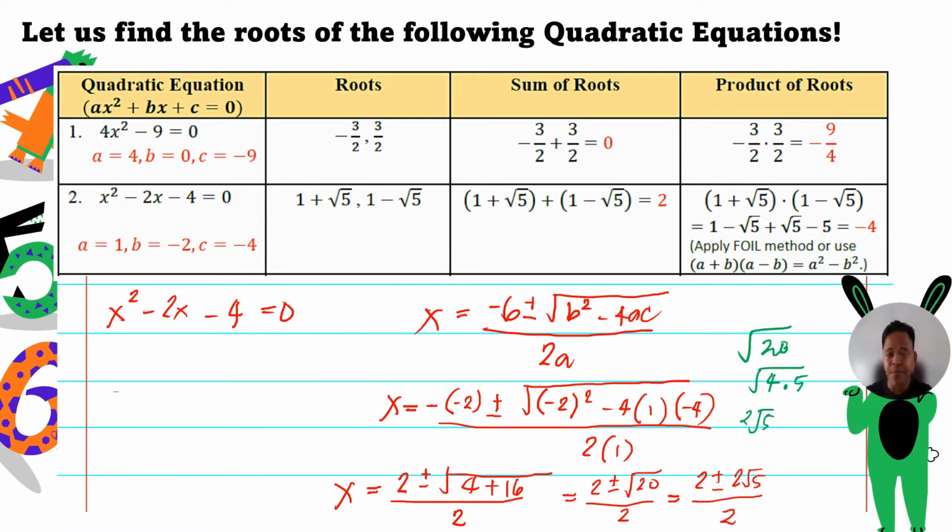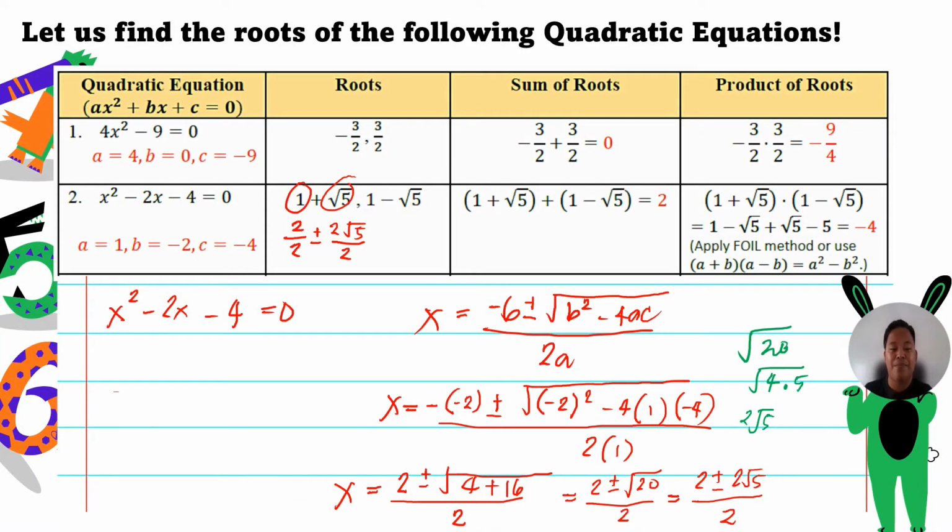If we're going to simplify this, we have 2 over 2 plus minus 2 square root of 5 over 2. Since 2 over 2 is 1, and 2 divided by 2 is 1, we have only square root of 5 here.